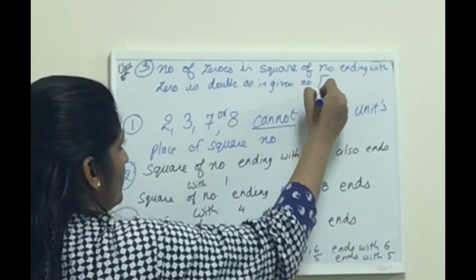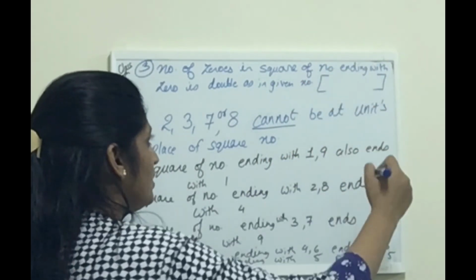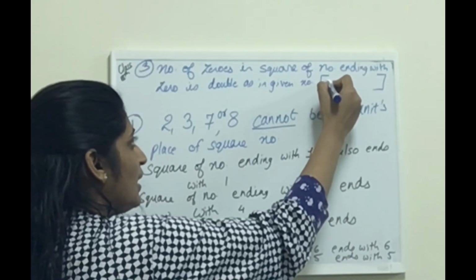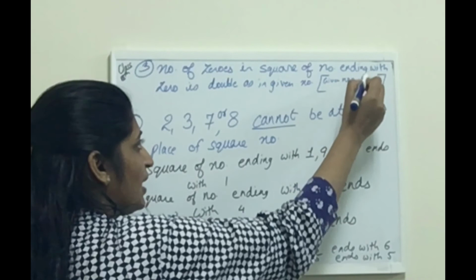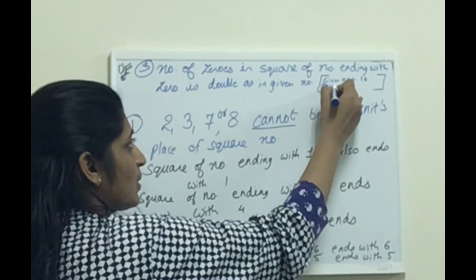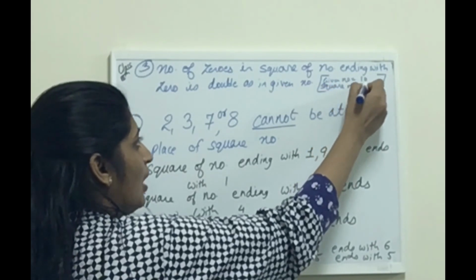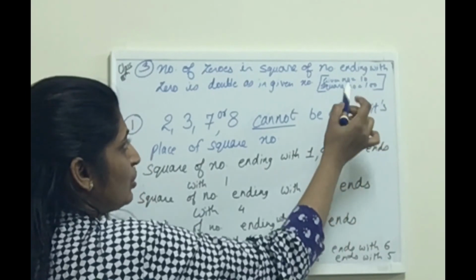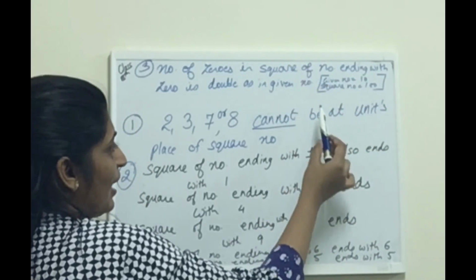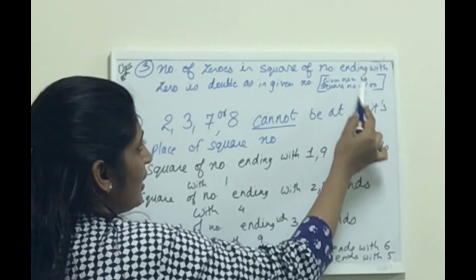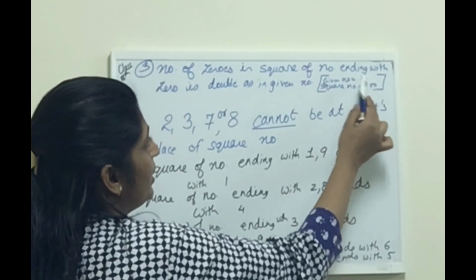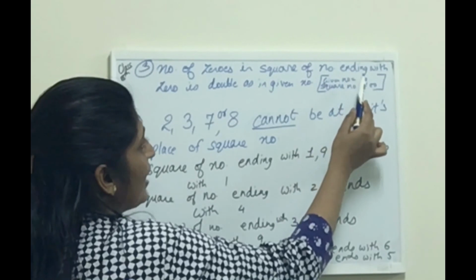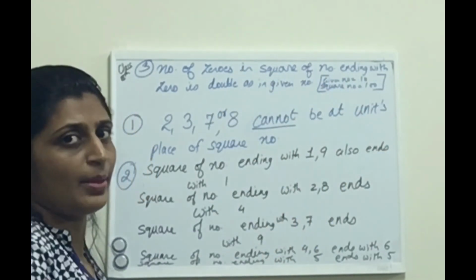I hope you understood the statement. Like, if the given number is 10, the square number will be 100, right? So the number of zeros in the square number will be double the number of zeros in the given number.